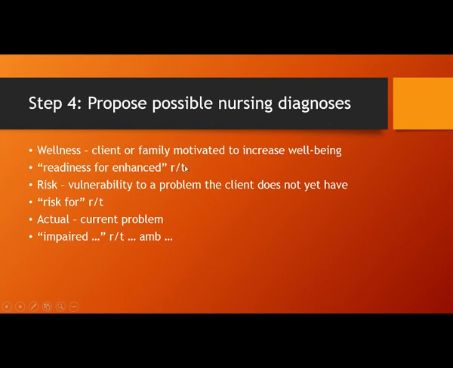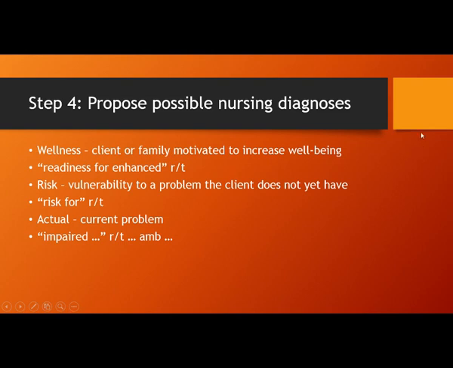And it'll be related to a certain factor, like they expressed interest in it or something like that. And this can be either a client thing or a family thing, but they're motivated to increase their well-being.